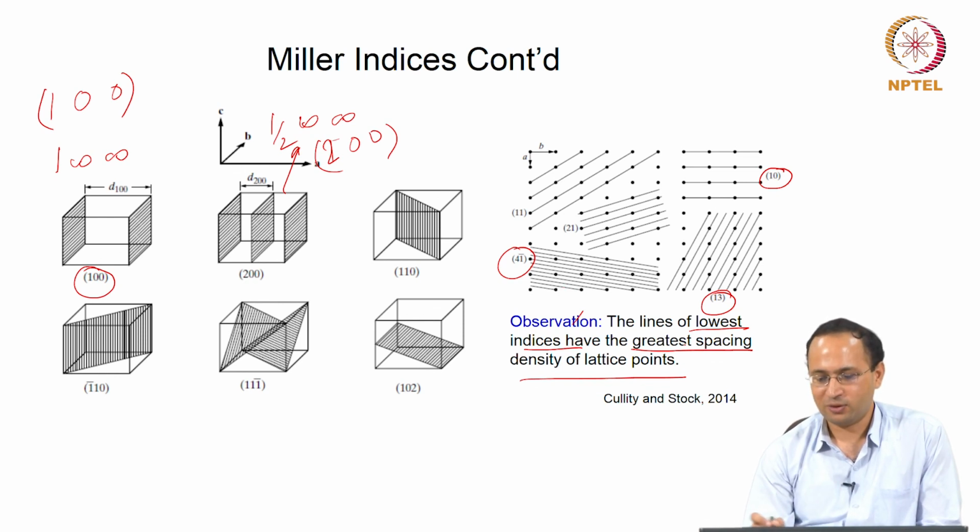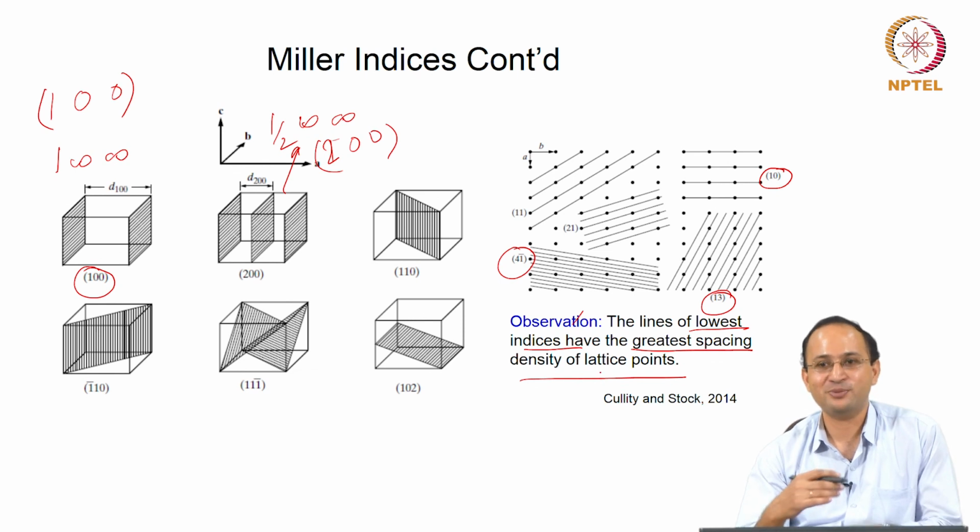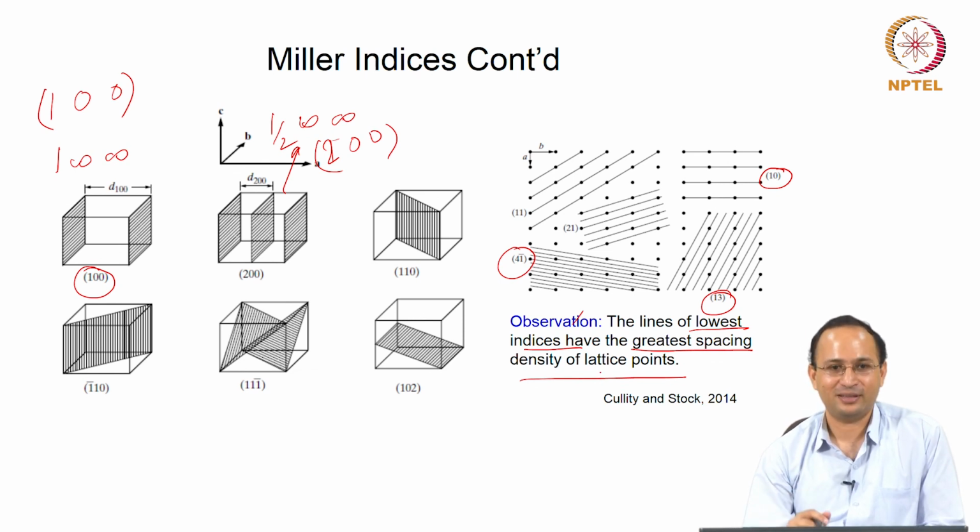So, the lines of the lowest indices, like 1 0, have the greatest spacing density. That tells you about the arrangement of atoms if you are talking about the planes. So, it gives you insight. If you compare 2 different planes, it will tell you where you have closer spacing, for an example.